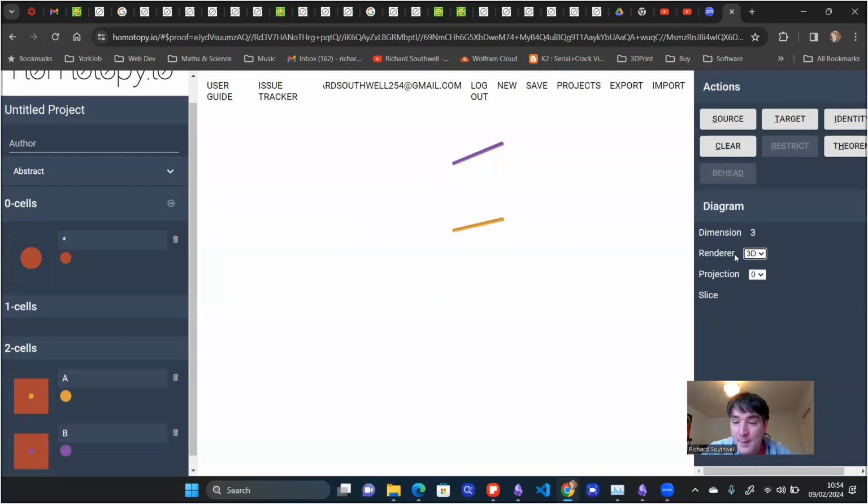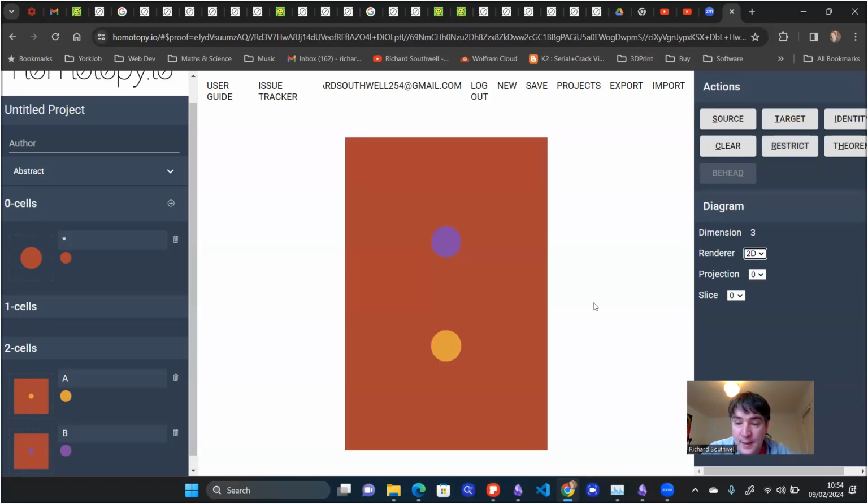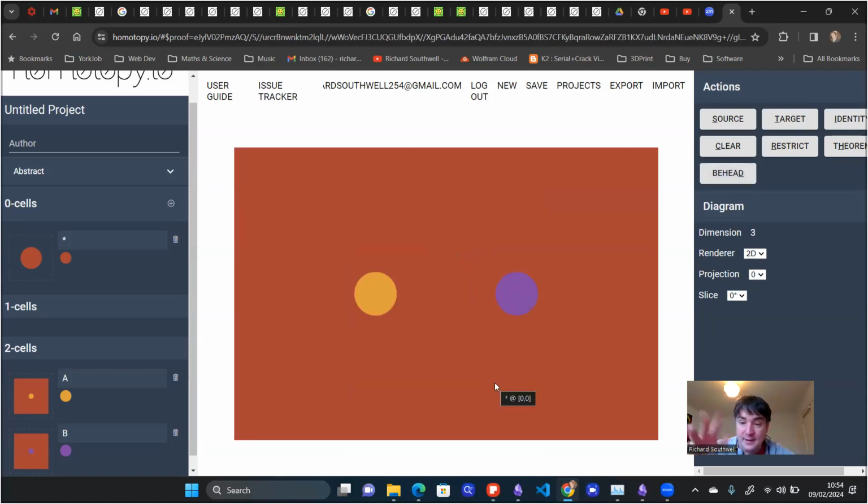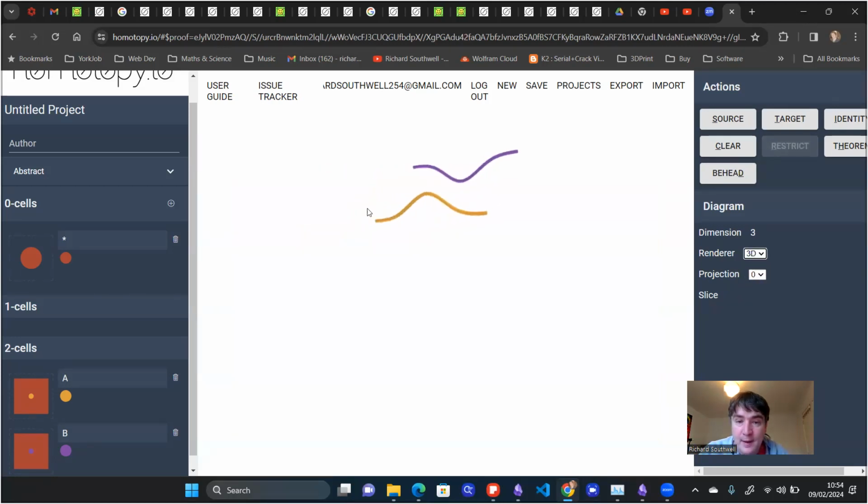Now, if we go back to 2D, we can do something interesting, which is that if we start dragging these around with the mouse, just pointing, clicking and dragging these points around, you can see in the 3D case that we're twisting these things around.